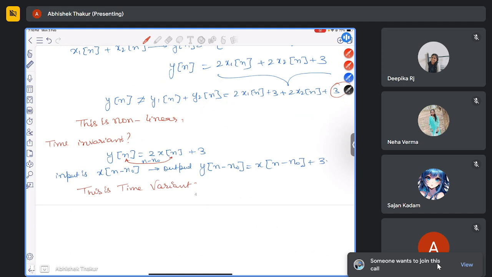So these two were the basic properties we had to study. Now we will see one convolution problem, because there might be lots of convolution questions in the assignment.